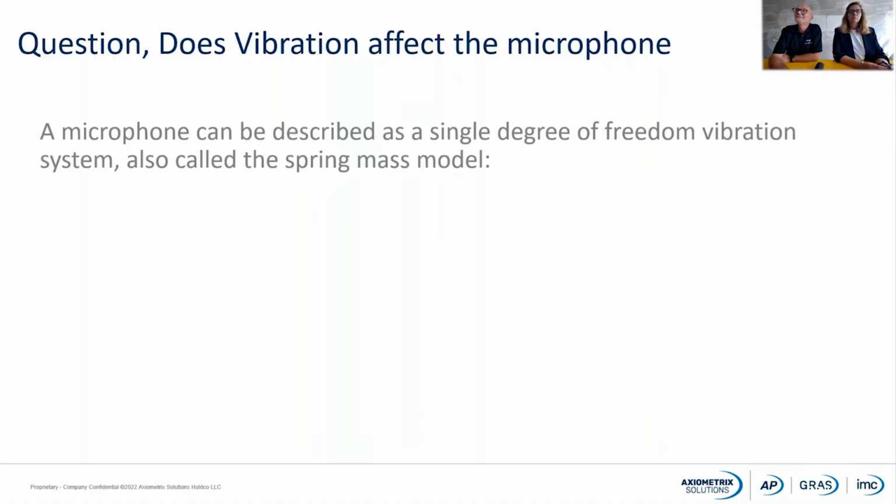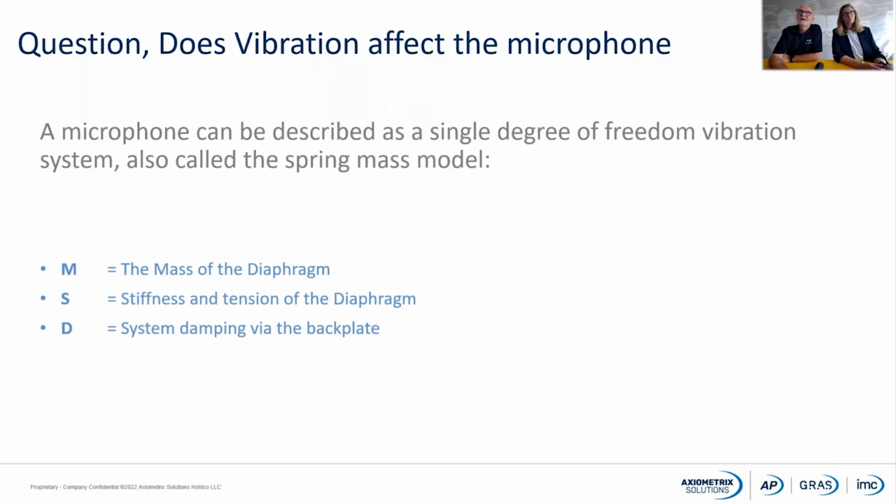A microphone can actually be described as a single degree of freedom vibration system, also called the spring mass model, where we have M, the mass, and for a microphone it is the mass of the diaphragm. We have S, the stiffness, which is the stiffness and the tension of the diaphragm, and then we have the system damping within the microphone, normally made via the back plate.